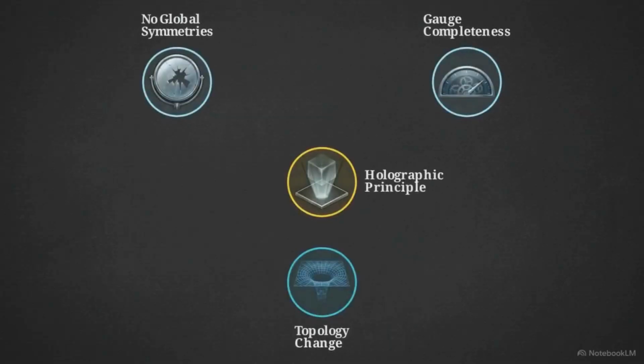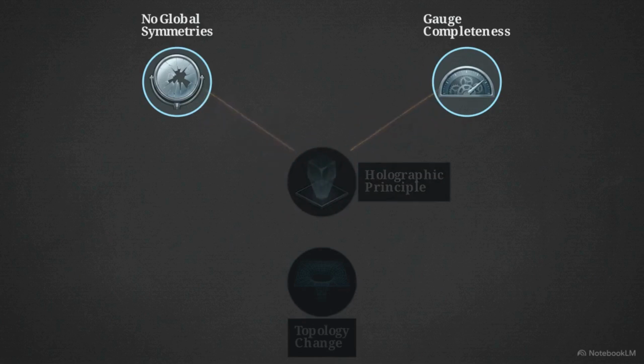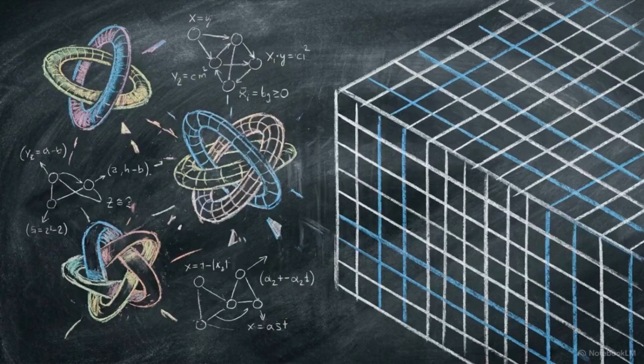If we adhere to the strict rules of asymptotic safety, we have to look at what happens to the swampland's requirements. When we sever the connection to topology change, the holographic principle loses its mathematical grounding. Stripping away topology fluctuations to satisfy a pure field theory eliminates the swampland's primary proofs for holography and the breaking of global symmetries.